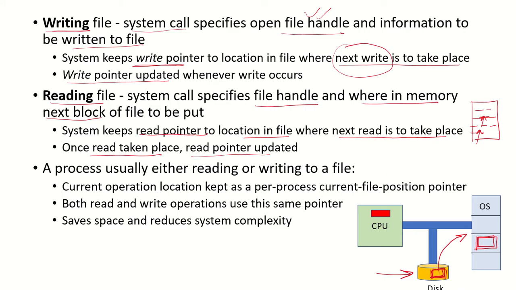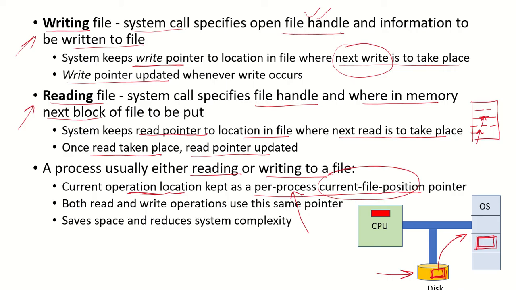A process is usually either reading or writing into a file, and the current operation location, that means the read pointer or the write pointer, can be kept as a per-process current file position pointer. So rather than keeping two separate pointers, one for reading and one for writing, one common pointer can be kept. If a particular process is using that file, then that is the current file position for that particular process.